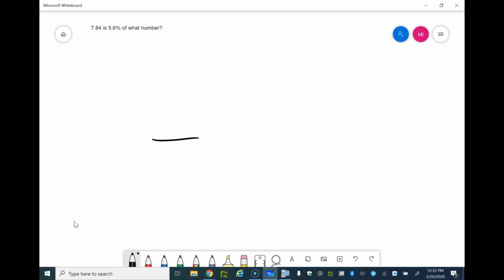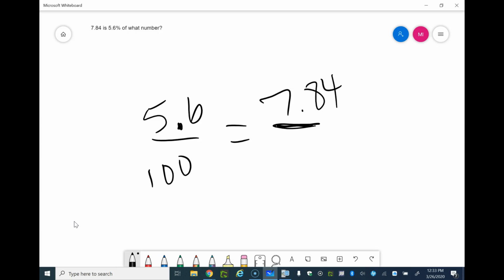So let's set up the proportion. 100. Put the percent up here, 5.6. Don't change it. Just leave it exactly at 5.6. This beautiful technique here will actually do everything for you. Remember, the is goes on top, so it's is 7.84 of what number? X.